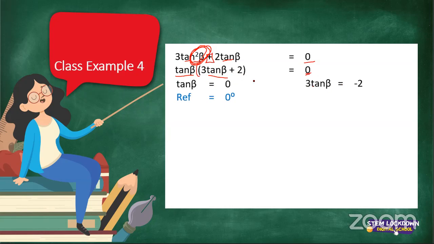I've literally skipped the step where I would have said to you, you pull it out as 3 tan beta plus 2 is equal to 0. And I've just basically quickly done where you remove the 2 this side and you add the 2 that side. From here, you divide both sides by 3, just like that. And you find your reference angle here as 33.7 degrees.